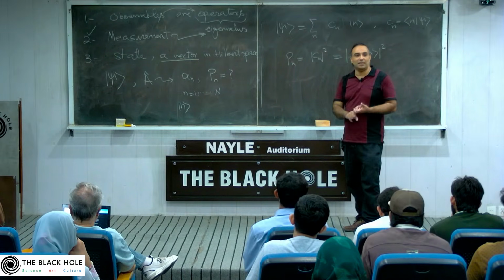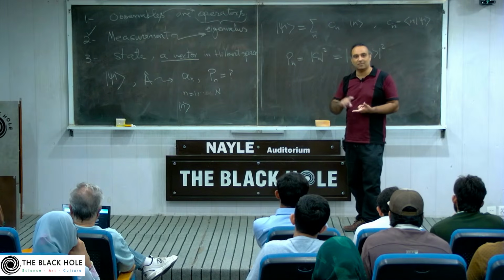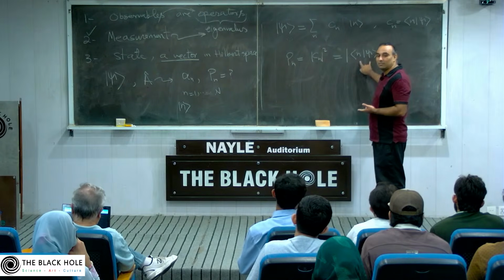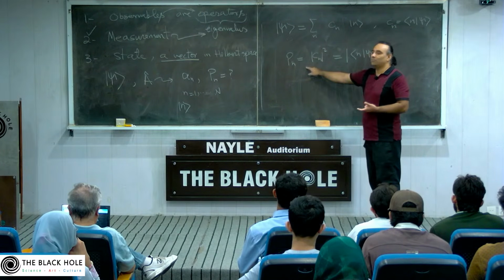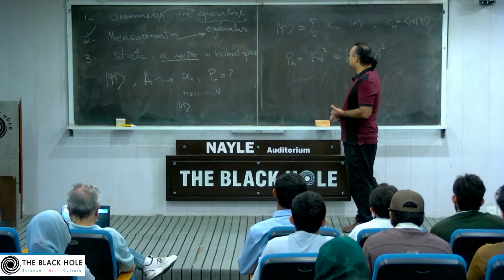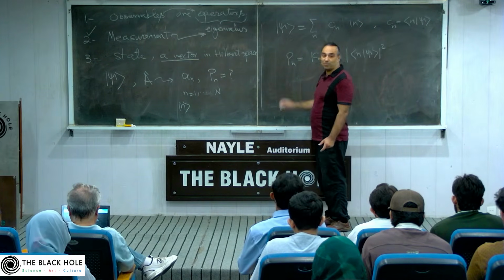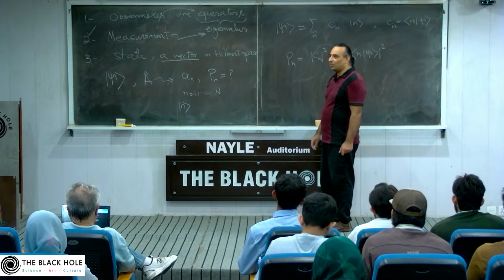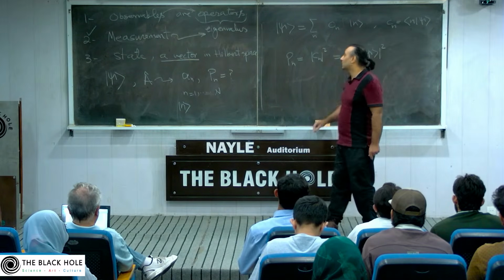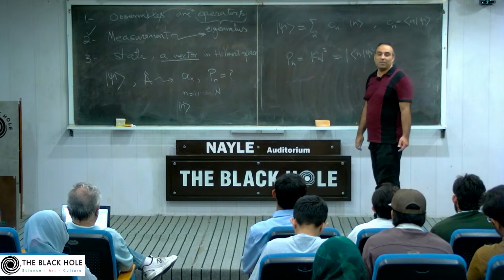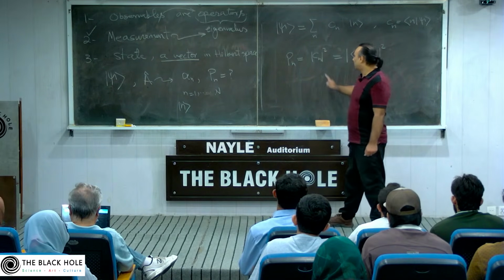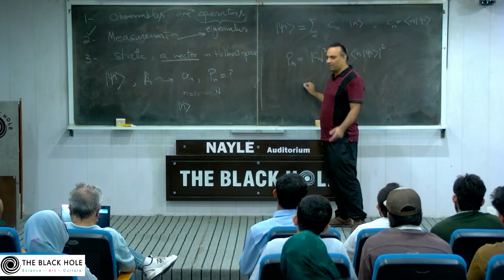Given a state and an observable and its eigenvalues and eigenvectors, we can form these inner products and compute these Pn's. But these are still probabilities. If there are 10 possibilities, some may be 0 if their Cn's are 0, some may be around 0.2 or 0.5, but these are probabilities, so the sum will be equal to 1.